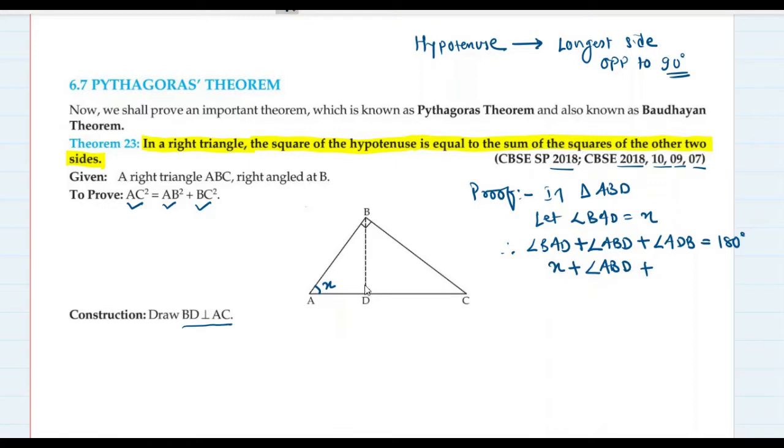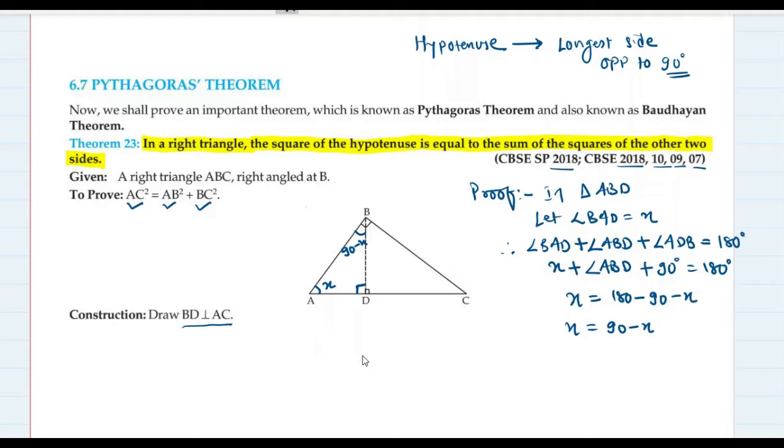Angle ADB, if you see closely, it is 90 degree because BD is perpendicular to AC. So X plus angle ABD plus 90 is 180, so angle ABD is 180 minus 90 minus X, which is 90 minus X. This angle is how much? 90 minus X. Okay. So keep this in mind.